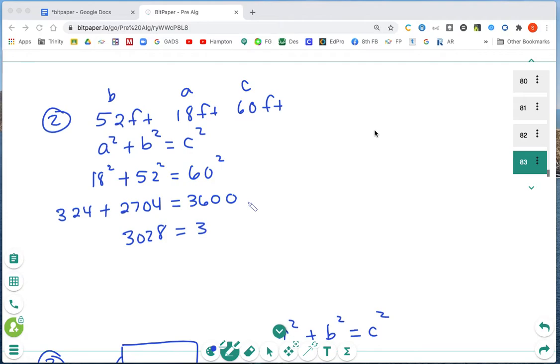And 3028 does not equal 3600. So no, these measurements are not the measurements of a right triangle.